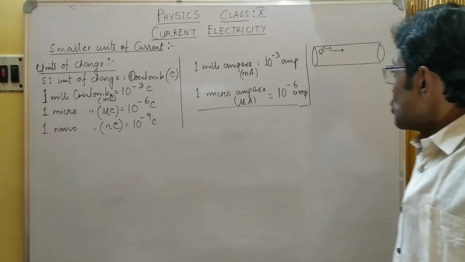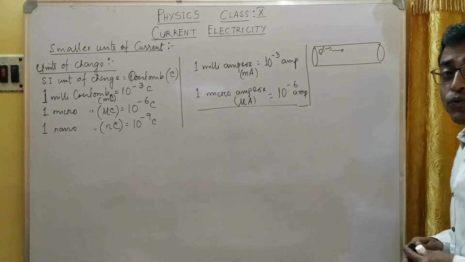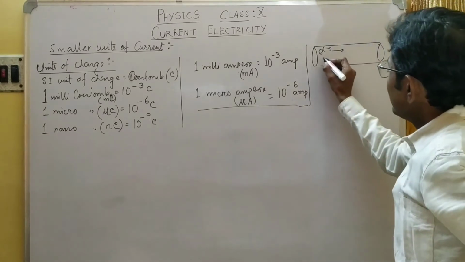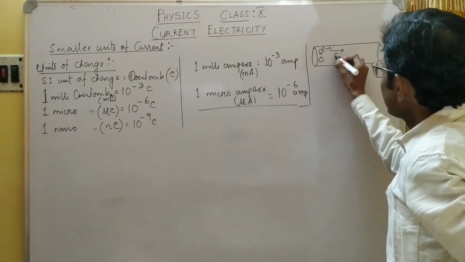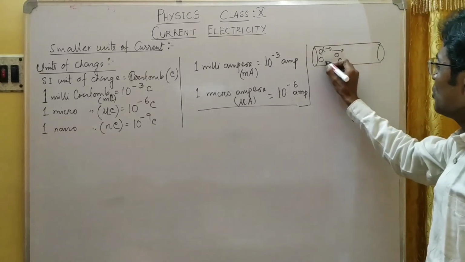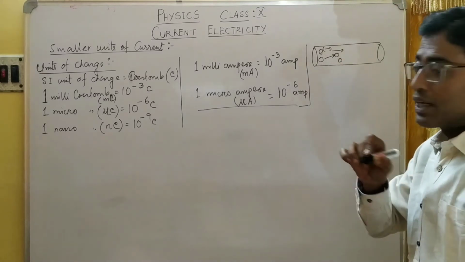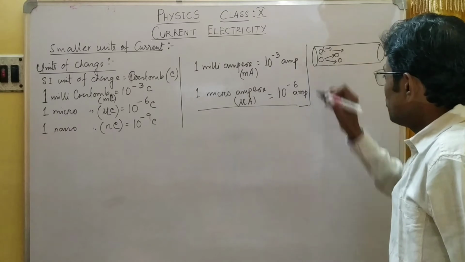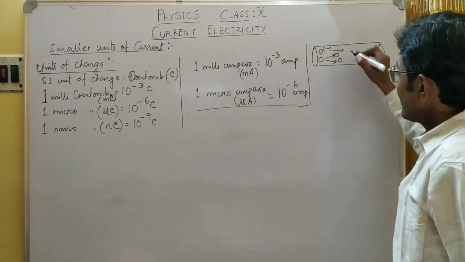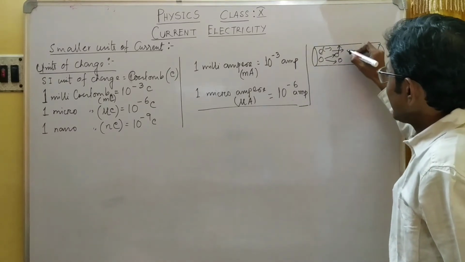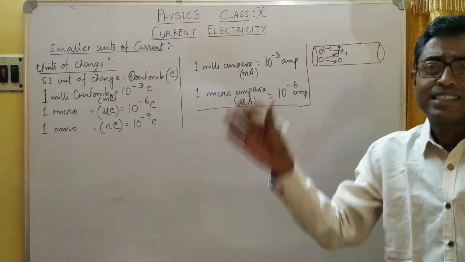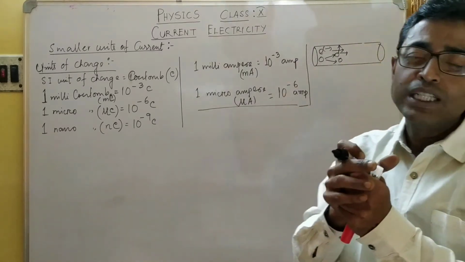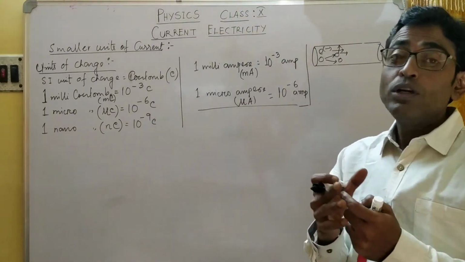Now when electrons flow through a conductor, here is one electron, here is another electron. This electron collides with this one, and after collision it can move in any direction. Nobody knows in which direction the electron will flow.